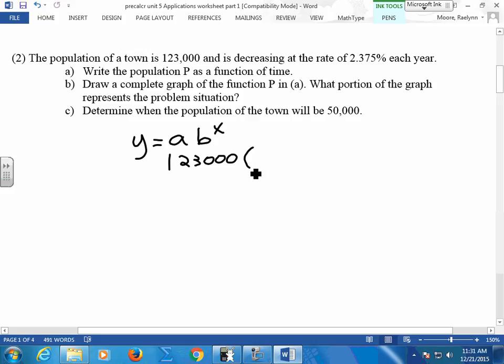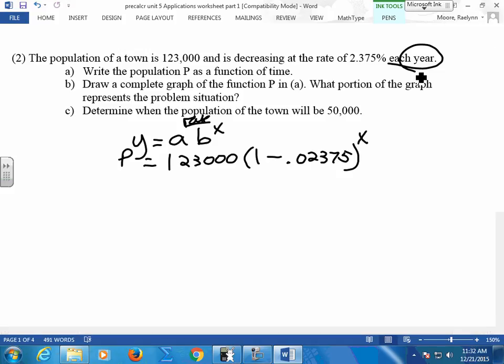What's my rate? 0.02375. But I'm decreasing by this, right? This guy you have to say 1 minus, because I'm decreasing by this. Okay? This is my population. Now, what will it be over time? Time is in what? Each year. X is my time in years.